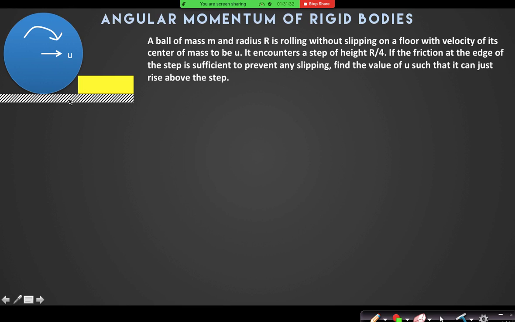The friction at the edge of the step is sufficient to prevent any slipping. What is the value of u such that it can just rise above the step?